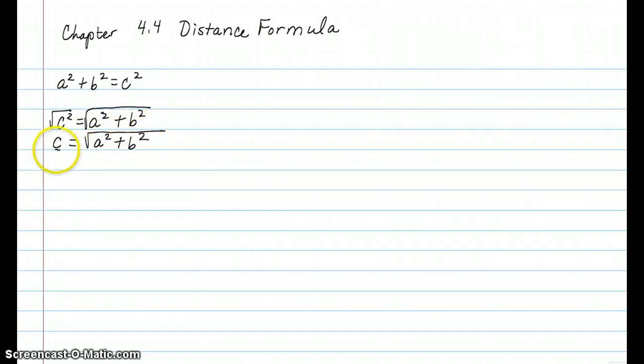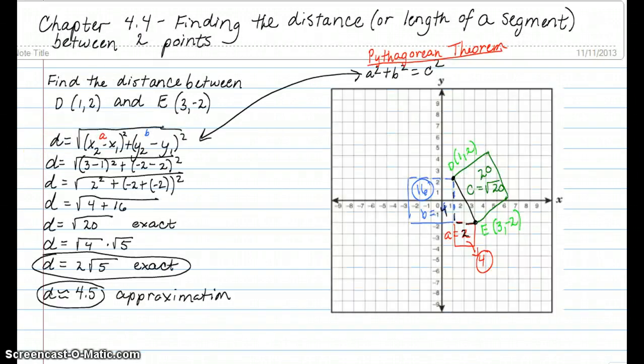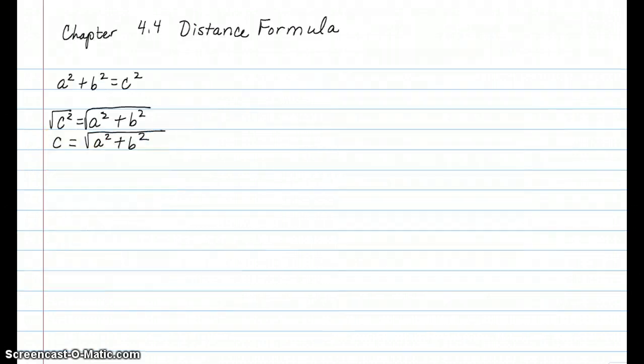Well, c is the hypotenuse, which, if you remember from the previous slide, is actually the distance of your line segment. So you can see it right here, the c, but that value is the d value. Then we talked about a. That's your run change, and c is just your distance, so d.